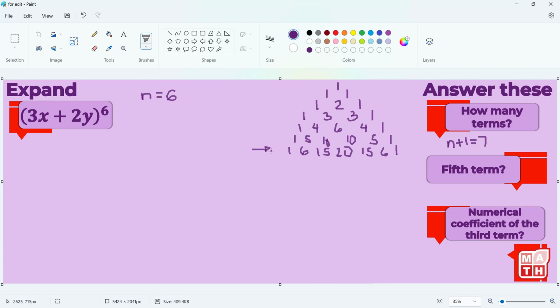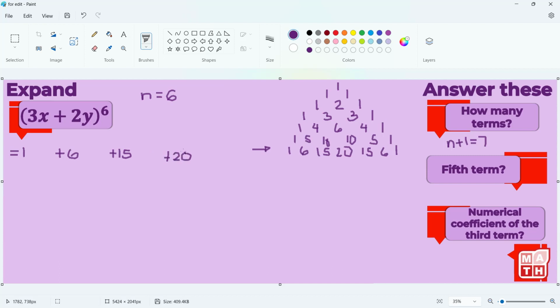The coefficients here will be the coefficients of the terms when we expand this binomial expression. So it will look like this. I do hope we have a lot of space here, but if we don't, please bear with me. We'll have 1, plus 6. We are using addition. Don't worry about that. We are using that for easier processes later.